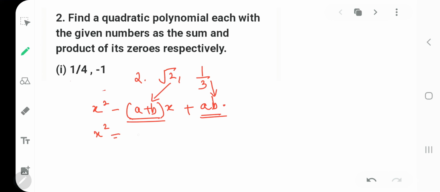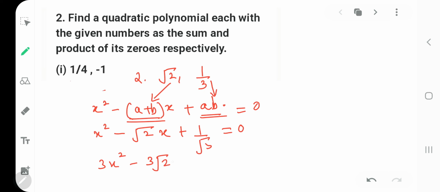And your equation will be... take the LCM and that's your answer.